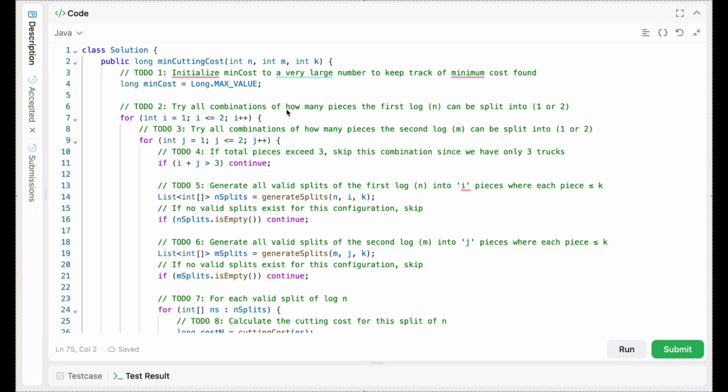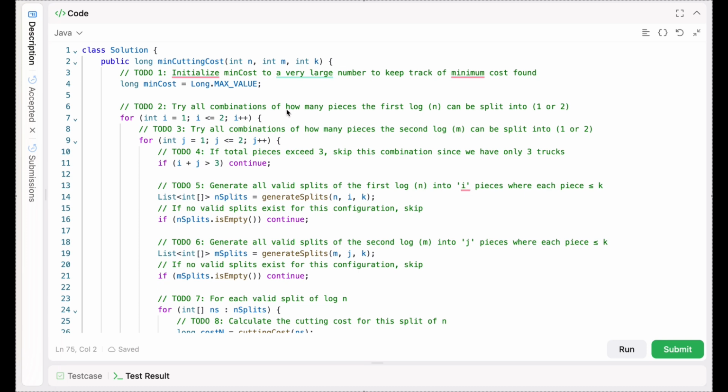Because we have only 3 trucks, the total pieces should be less than or equal to 3. Okay, so either one log stays uncut and the other is cut into 2 pieces, let's suppose total 3 pieces, or both logs stay uncut, 2 pieces, or one is cut and the other stays uncut.